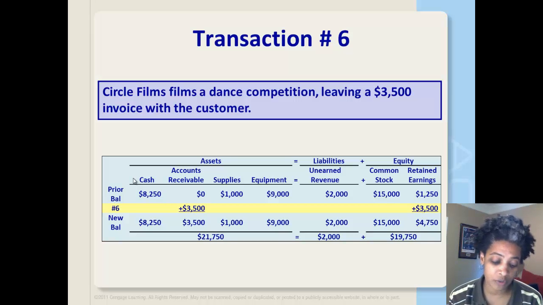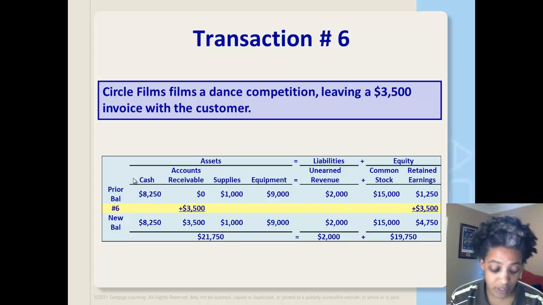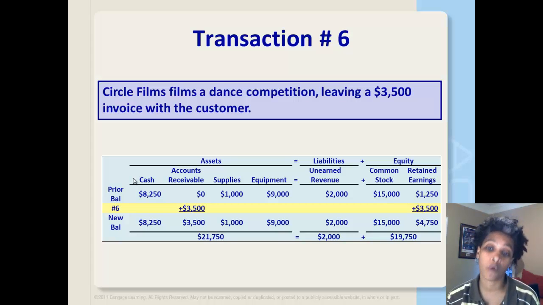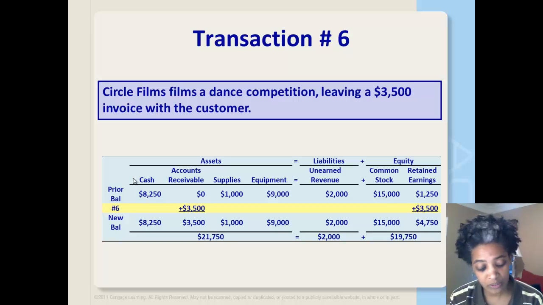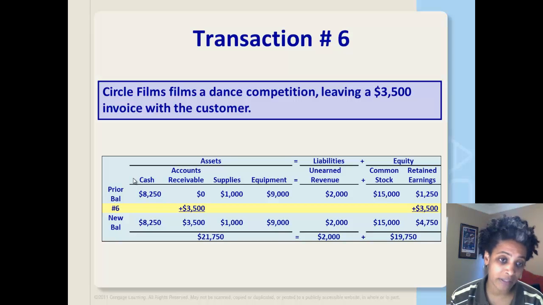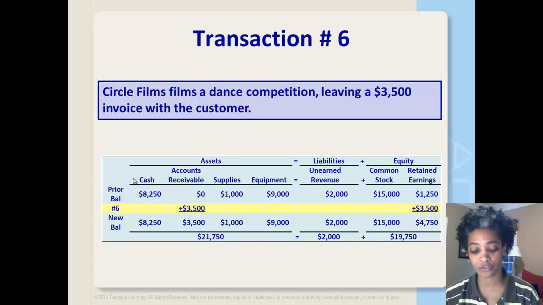And since that receivable is generated because they provided a service, then they have additional revenues, as we've seen before, and therefore more equity or more retained earnings. So equity is going to increase, and assets, accounts receivable, is going to increase. So this is similar to what we've seen before. We're just changing the type of asset that increases: accounts receivable instead of cash.